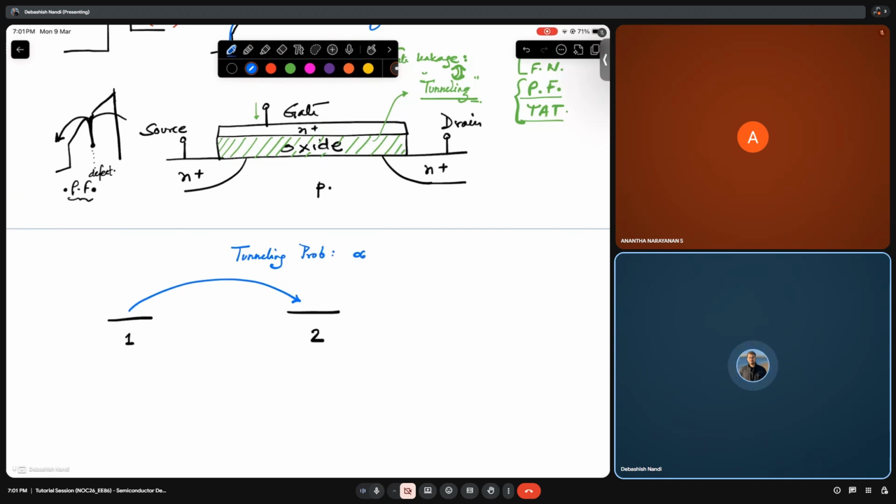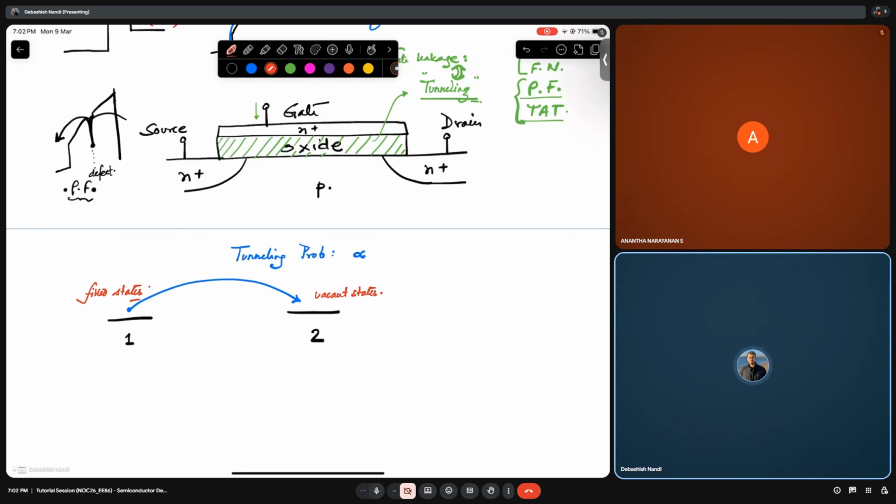It will be dependent on the vacant states here and the filled states here. It will be the product of the two.